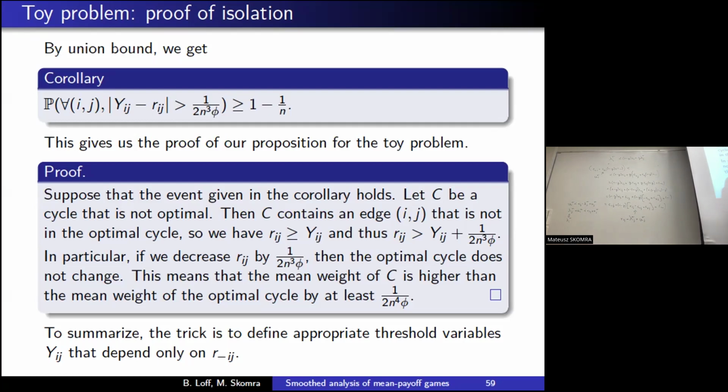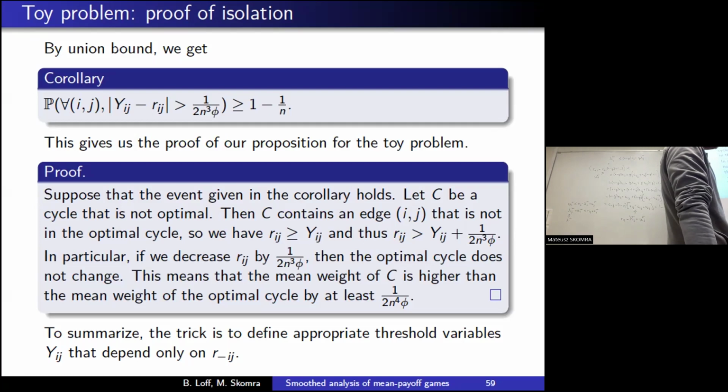Now if you take this weight and decrease it by this quantity, then the optimal cycle cannot change, because for every value above this threshold, this edge is not there. So by decreasing it, I didn't change the value of the optimal cycle.